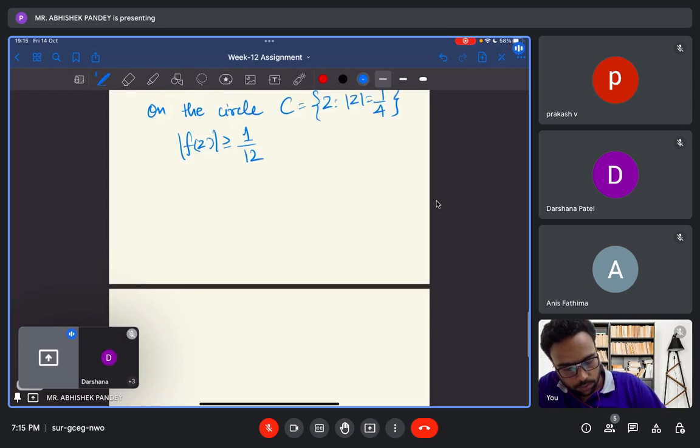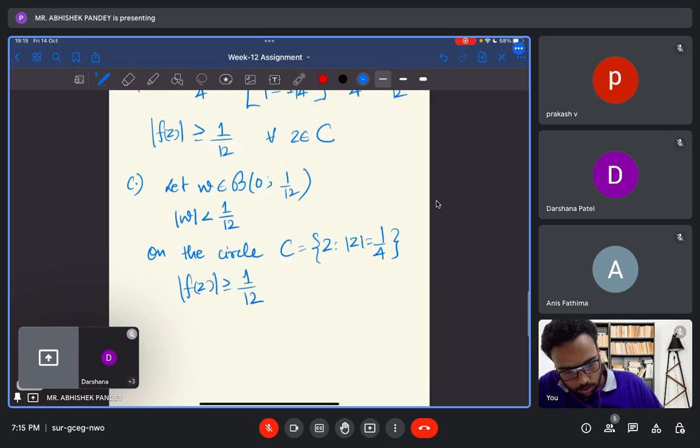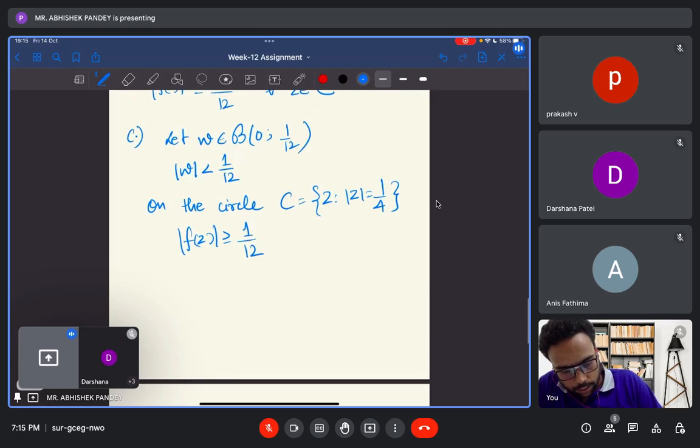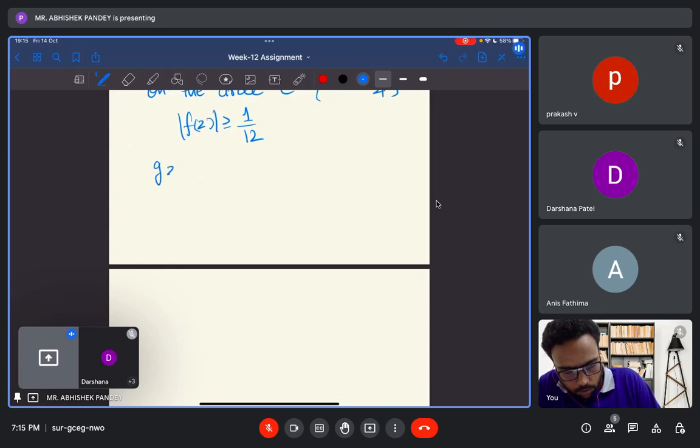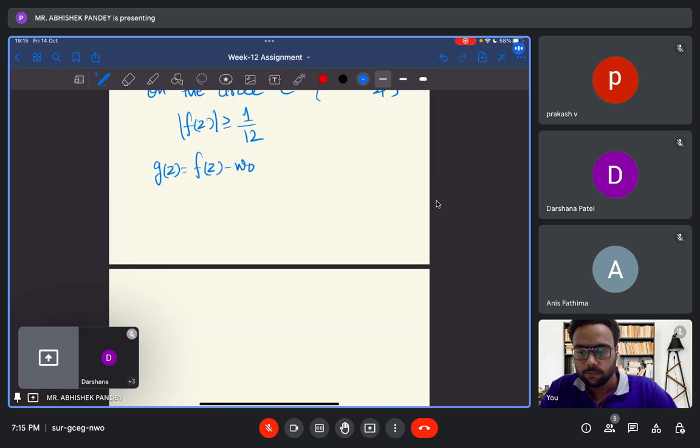Now consider the function. Let any w naught, okay. Now consider the function g(z) equals f(z) minus w naught, okay, clear.